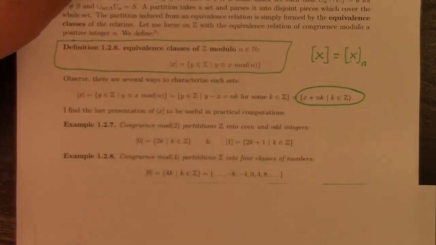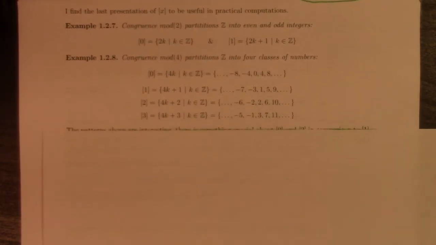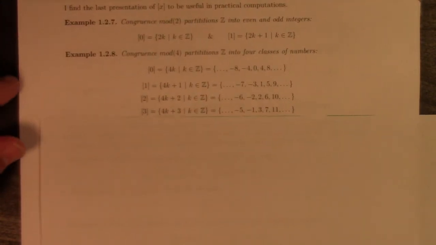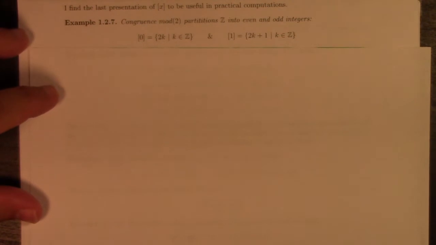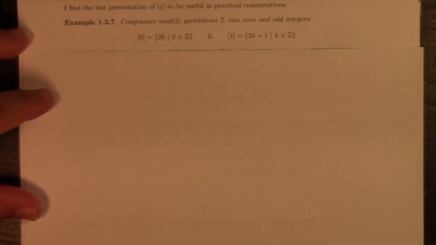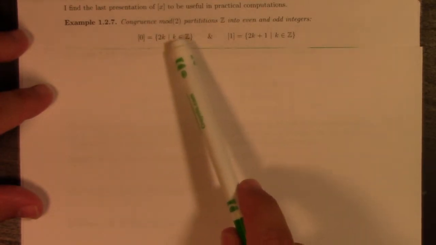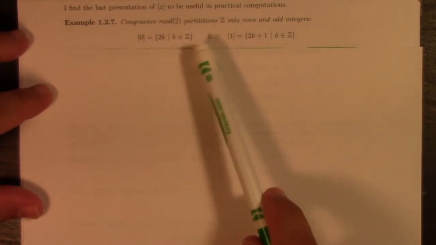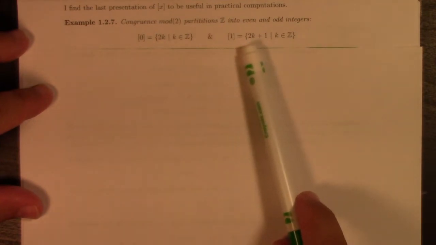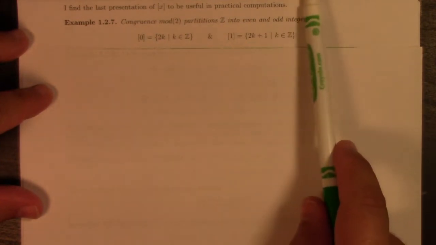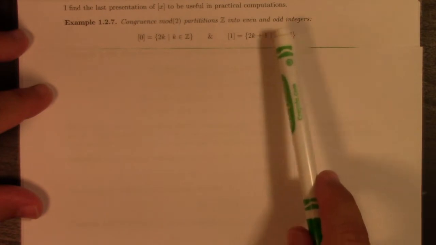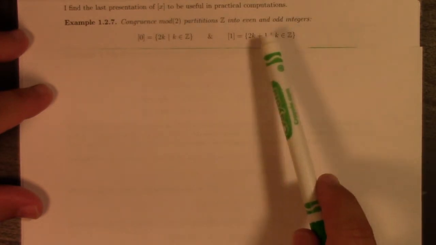So here's an example. Of course, these things are useful. Congruence mod 2 partitions Z into even and odd integers, right? So you notice we have the equivalence class of 0 is 0 plus 2k, which is just 2k, and the equivalence class of 1 is, well, I wrote x plus nk, now I'm writing nk plus x. That doesn't matter, of course, because integers commute under addition.